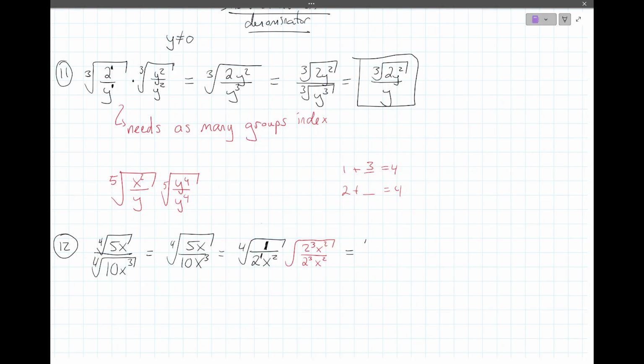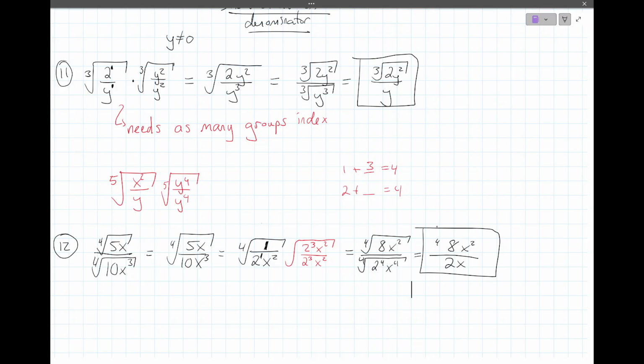Let's see what happens. So this will be 4 and this will be 2, let's call this 8x squared. No simplifications there. And we're going to call this 2 to the 4, x to the 4. Well, that has simplifications, right? So this will be 8x squared, and this will just be 2x, and that's it, right?